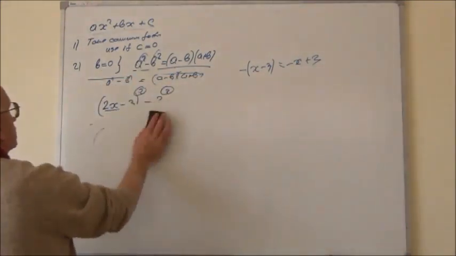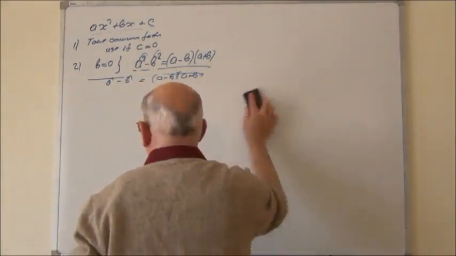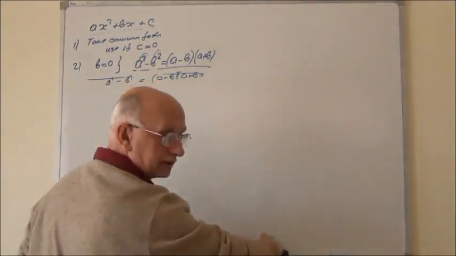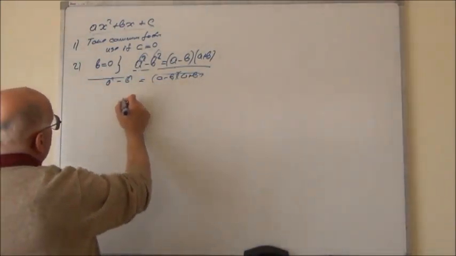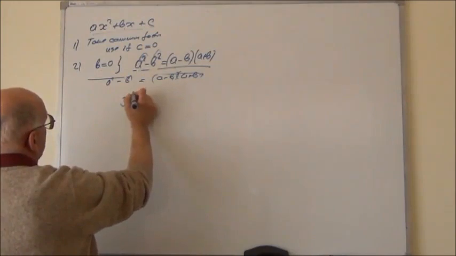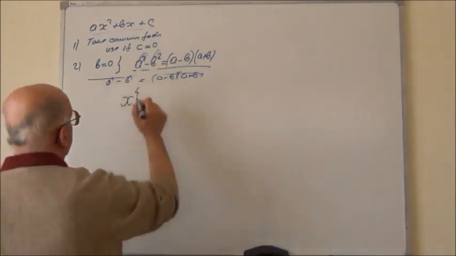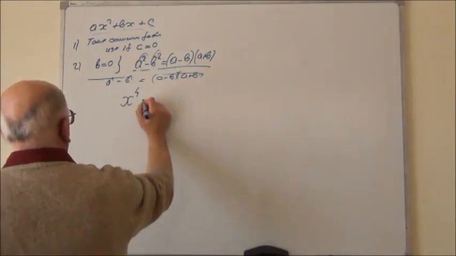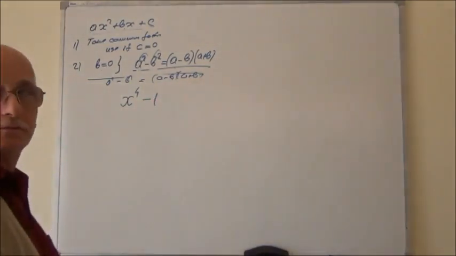Just now it came to my mind to give you one more question. I'm not sure that question is in the paper. Let's say we have x to the power 4 minus 1 to factorize.